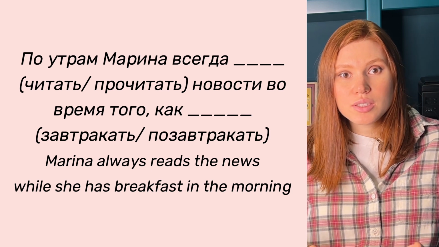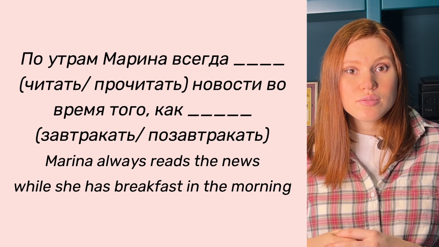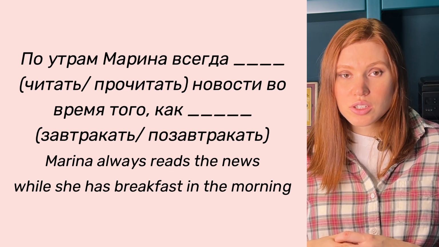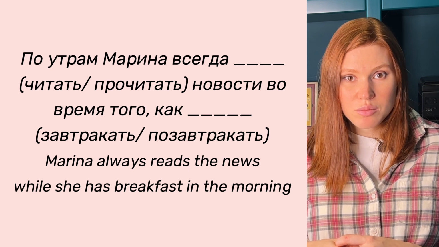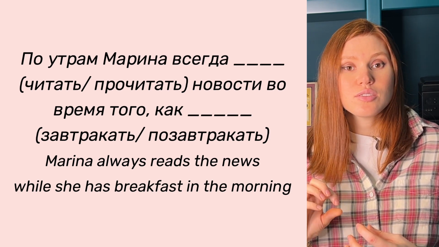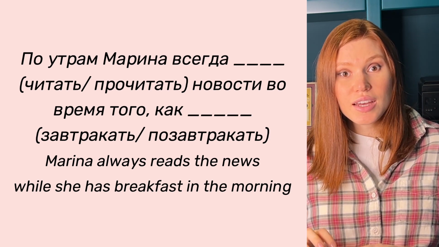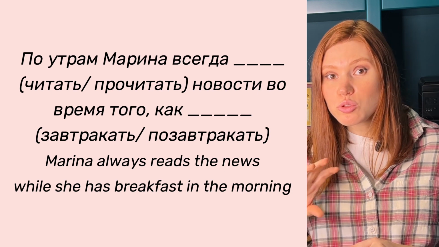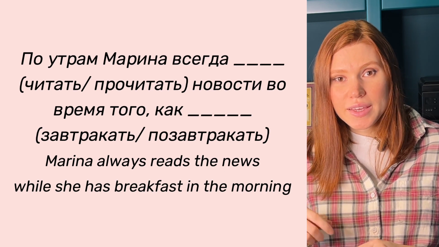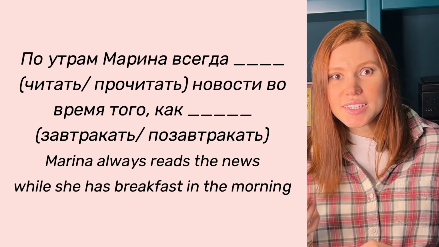So, as you can see here, this situation is two actions at the same time. So, she is doing two actions together. We have here words like по утрам, it means like every morning. And also we have всегда.